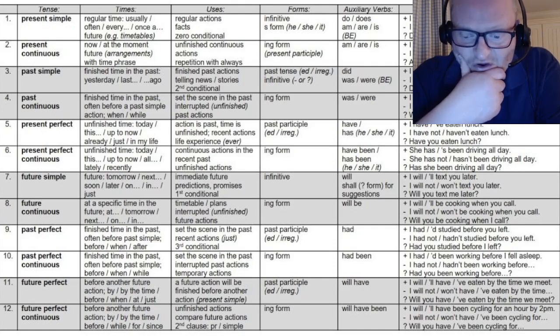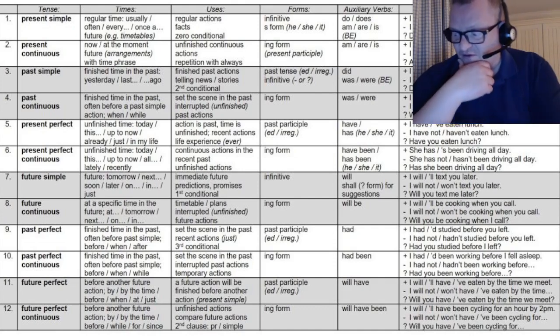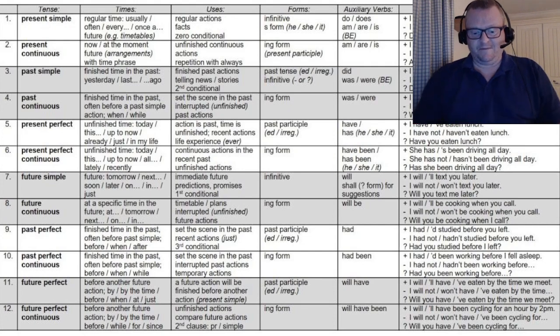I will have been doing something for 1 hour by the time we meet, by 2 o'clock, by then even, you could use. So you're just setting the scene in the future. You imagine the future. Future doesn't exist, we're just imagining it in our minds.